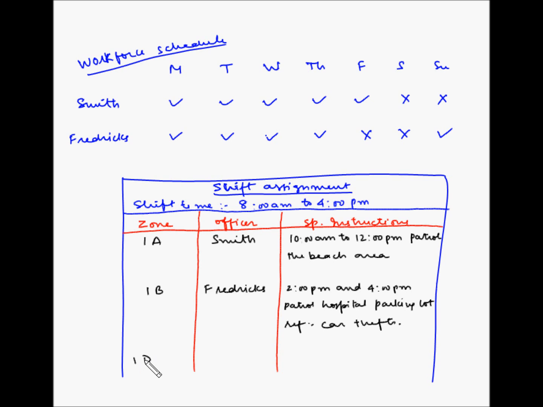For zone 1D, let's say Officer Erickson is assigned, and the special instructions are bike patrol in the business district.